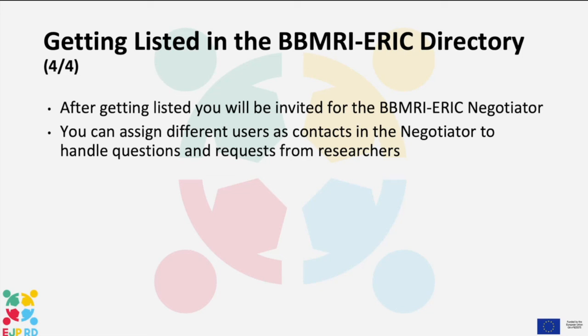We use the contact email address that you listed in the directory for this invitation, but you can assign different users as contacts in the negotiator to handle requests and questions from researchers. And you can do this for the whole biobank, or have different contacts for specific collections.